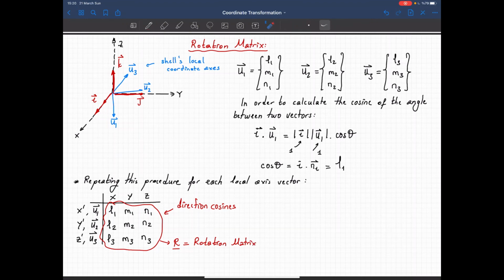This rotation matrix has all the direction cosines, the cosine of the angles between one of the local axes and all three global axes. Then the second row will be the direction cosines of the second local axis with all globals and so on. Okay, so we call this the rotation matrix.